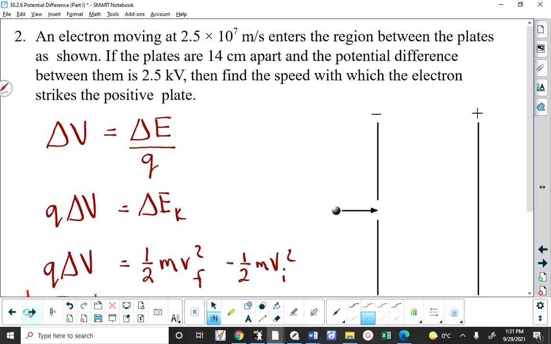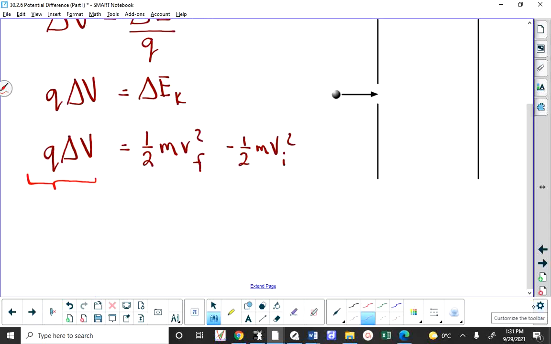Yeah. So when you take the charge of the electron times the 2500 volts, you get 4 times 10 to the negative 16 joules. That's how much change in energy the electron experiences. That's the gain in the energy.